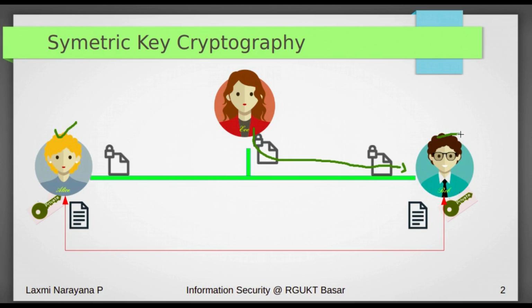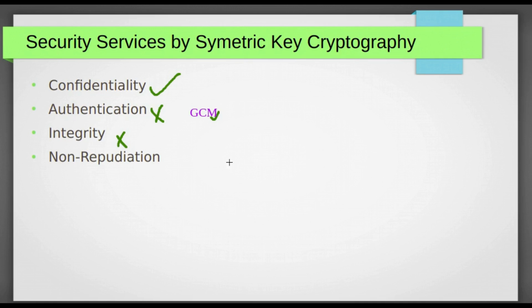This means it does not provide non-repudiation because both of them have the same key, so anyone can generate the same message. So we cannot decide who is actually cheating. So symmetric key cryptography will not provide non-repudiation.